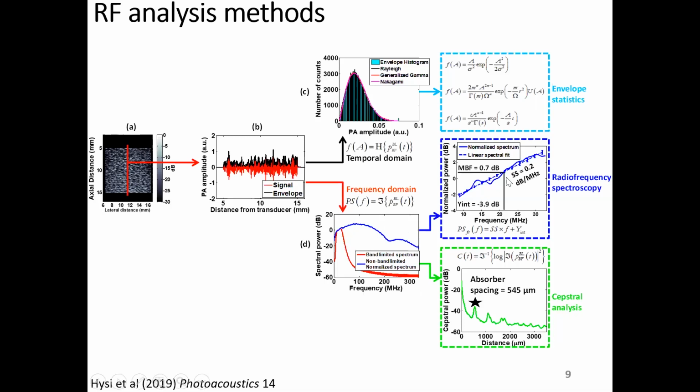And in normalizing that curve, you end up with what is known as the normalized power spectrum within typically the 6 or 10 dB of your ultrasound bandwidth. And once again, relying on the fit parameters of this curve, typically the spectral slope being the most commonly used of them, you can actually obtain useful information about the structure and the concentration of your underlying tissue absorbers without having the need to resolve them.